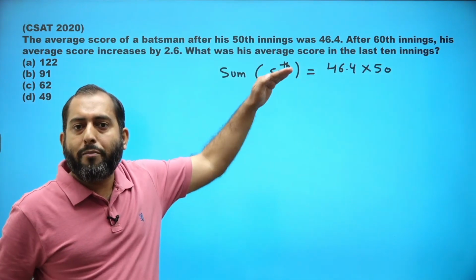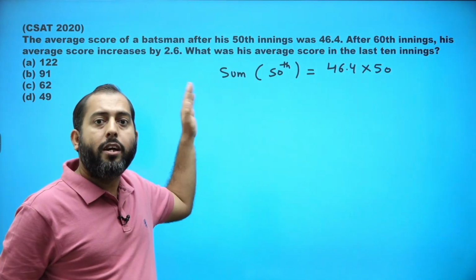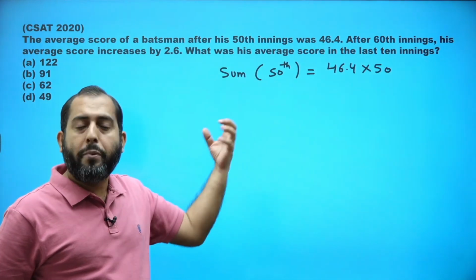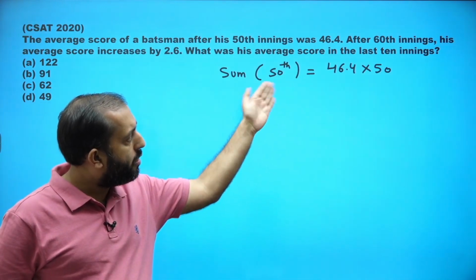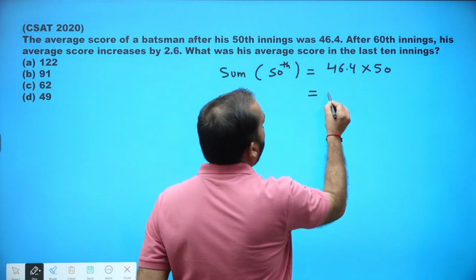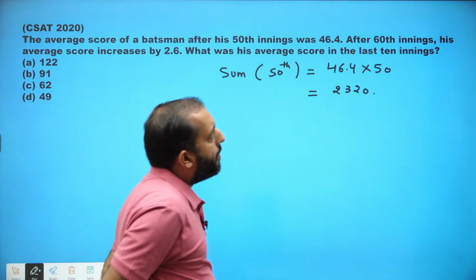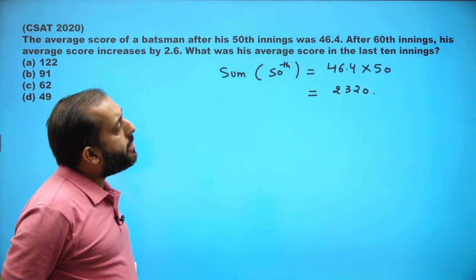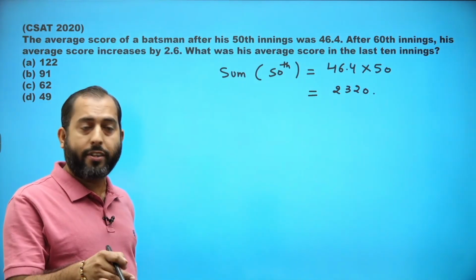Because in the statement, 50 innings are under the observation. That is why 46.4 into 50, which equals 2320. Then after the 60th inning, his average score increases by 2.6.